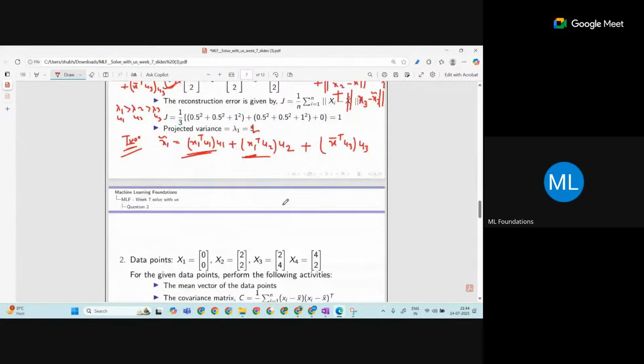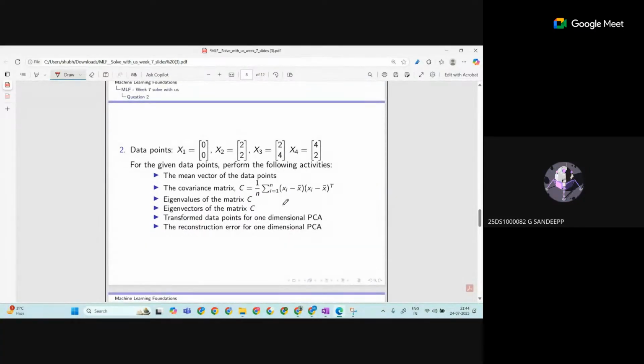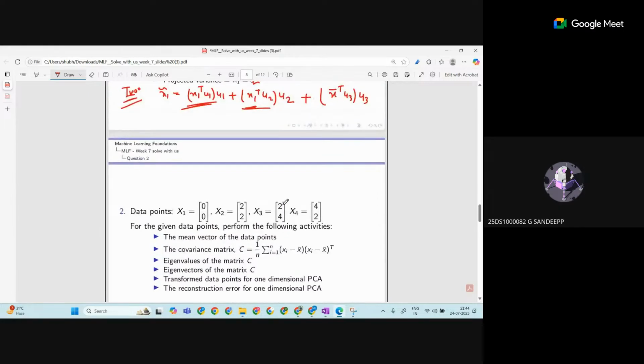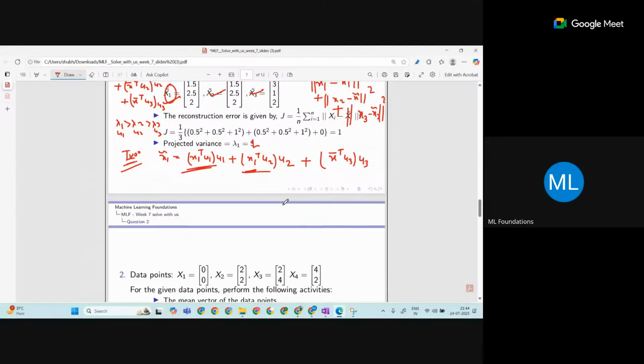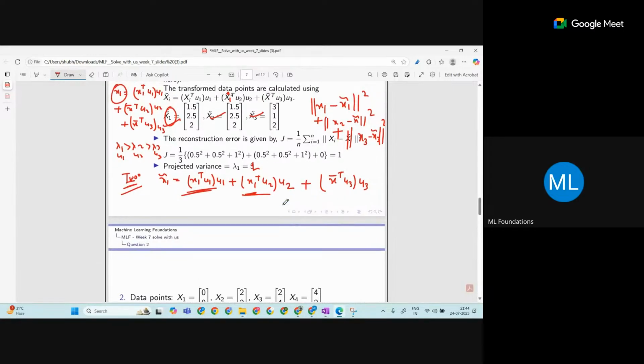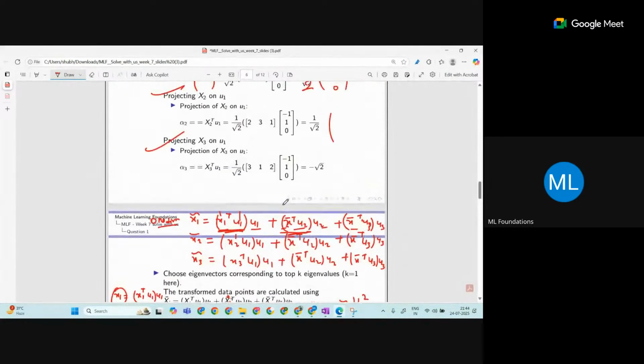Okay. Sir, I had one doubt. Like the question you asked, what is the PCA? What was the final thing we were finding? Is lambda the PCA? So no, there are so many questions in the PCA. Maybe it could ask for the principal component, means find the one dimensional PCA.